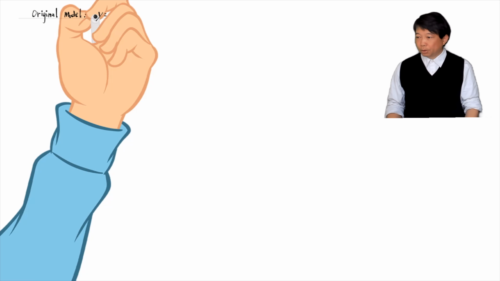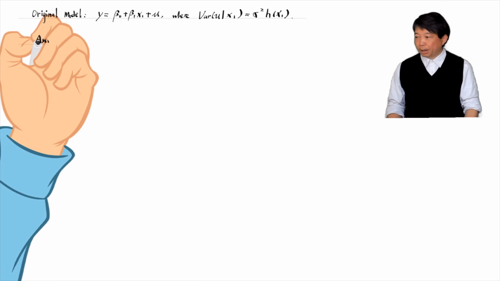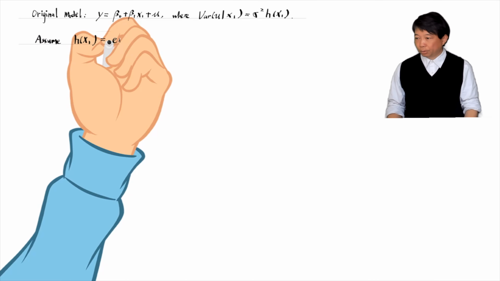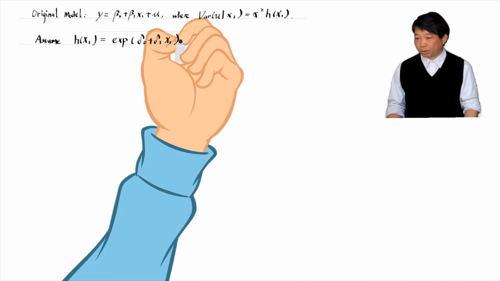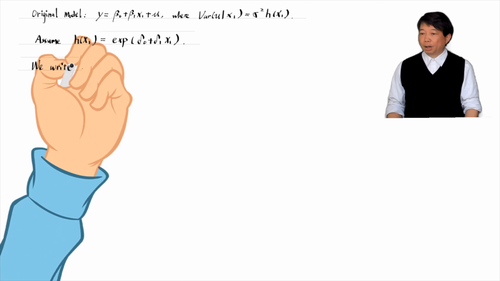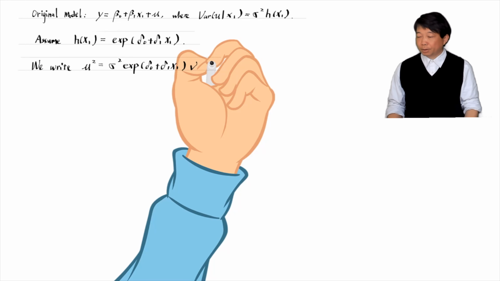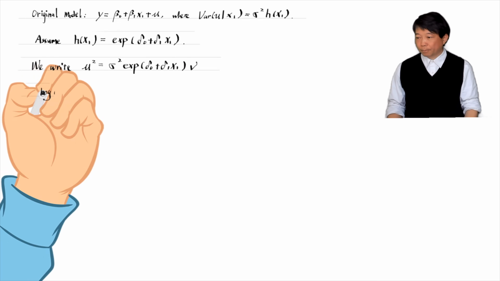The feasible GLS estimation method uses the natural exponential function to model heteroskedasticity. That is, the heteroskedasticity function h(x) is an exponential function with base e. The error variance equals a constant sigma squared times this heteroskedasticity function h(x).